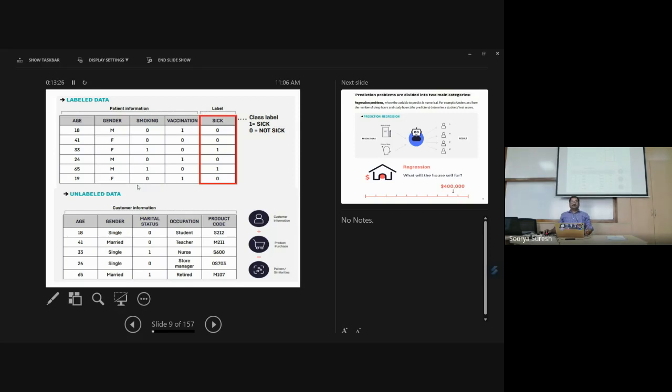But still, without a label we can perform certain tasks like grouping the data, reducing the number of columns of the data, and finding the best set of features. All those things we can do from unlabeled data, like grouping of customers, deciding which are the best features, and the best set of customers going to purchase a product.